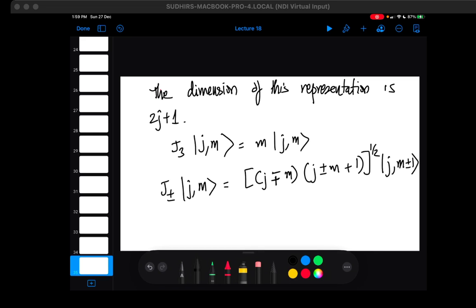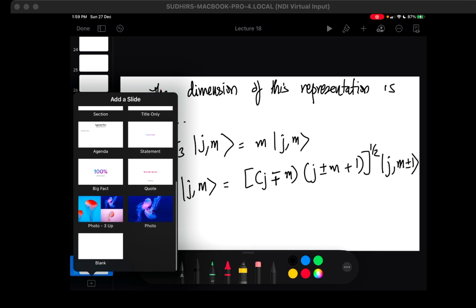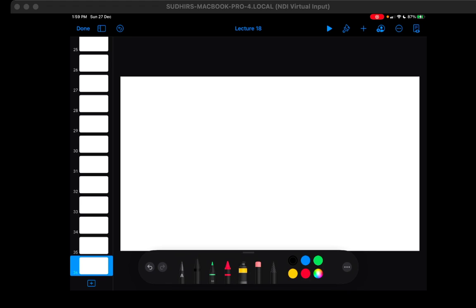Now for SU2, this is a very important representation which I want you to work out. First example: j is equal to half, and m is equal to minus half, plus half.